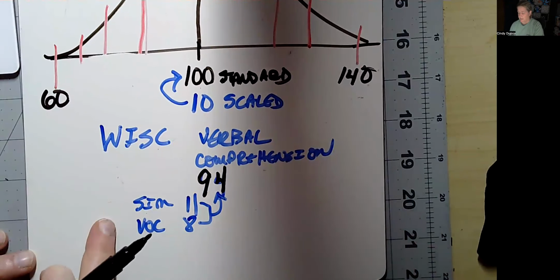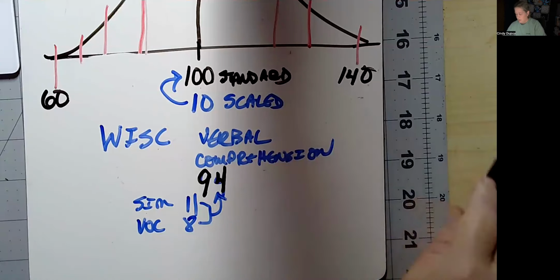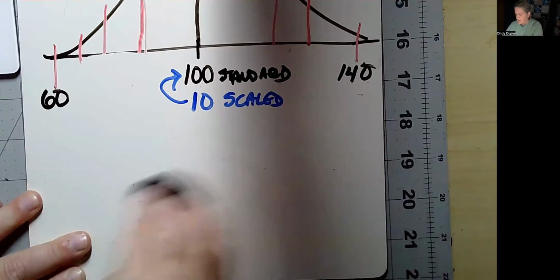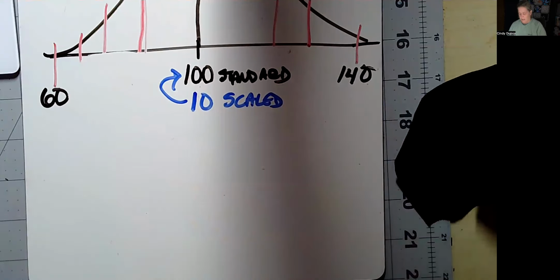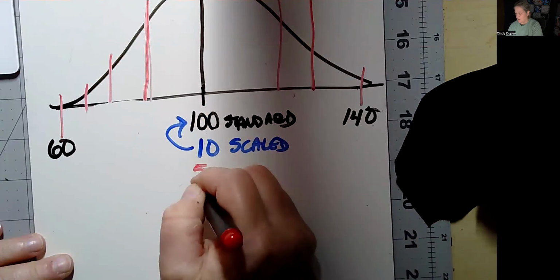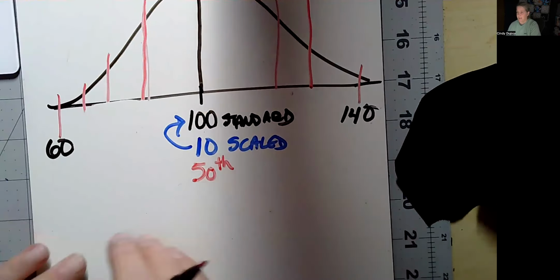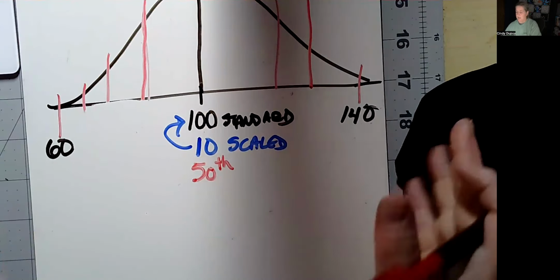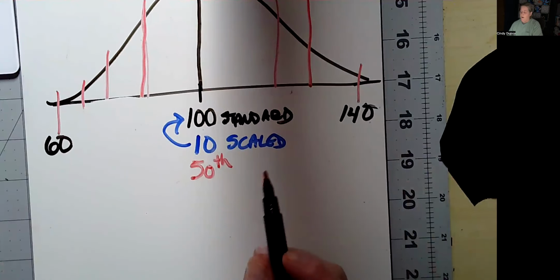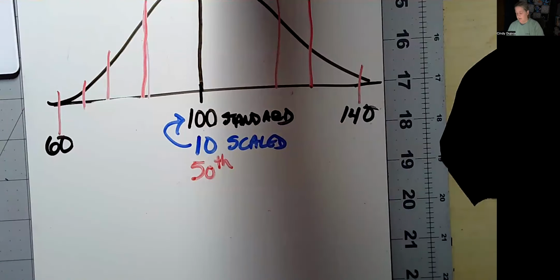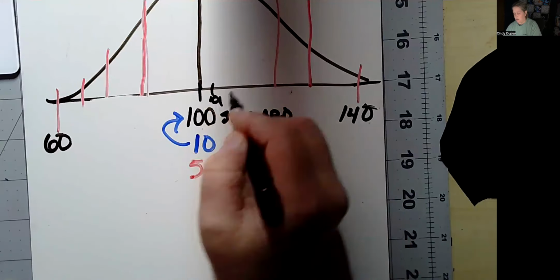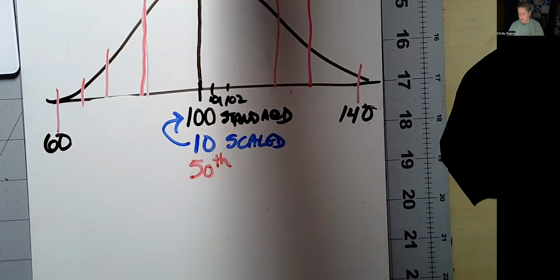Okay, so just like our standard score mean sitting at the 50th percentile, our scaled score mean also sits at the 50th percentile. When this metric of 10 goes up and down, it looks a little different. With a standard score, you could have a 101 or a 102, et cetera.